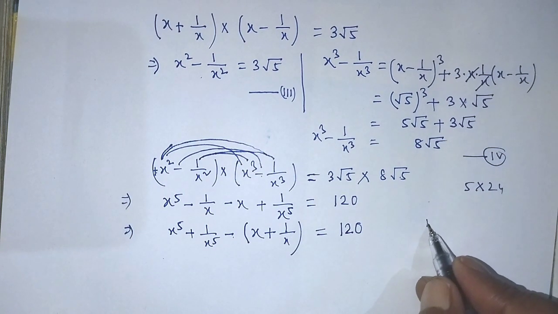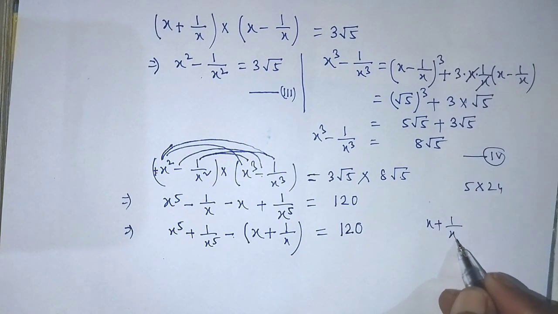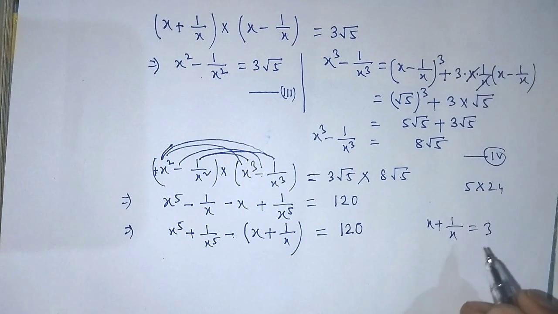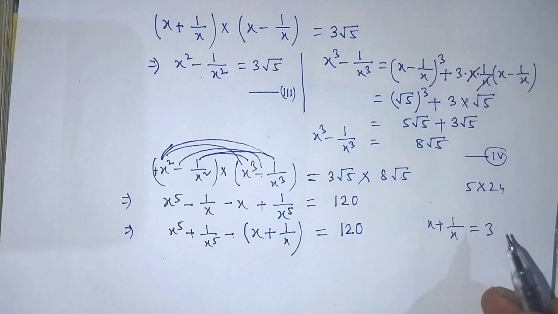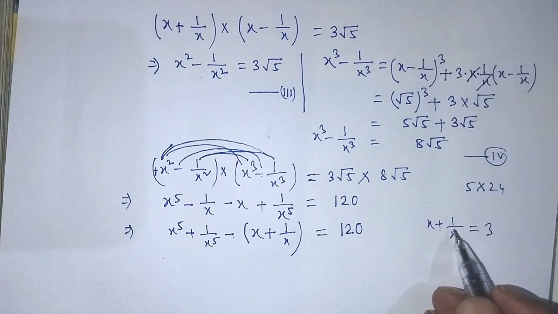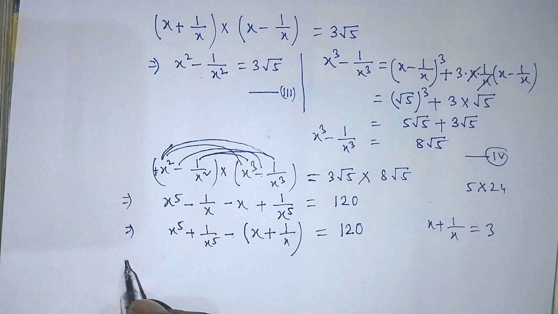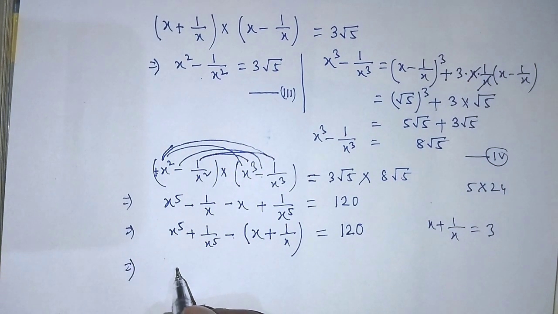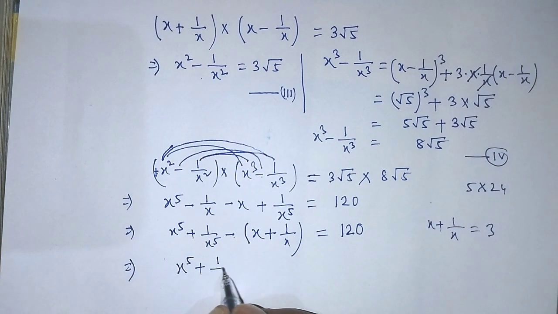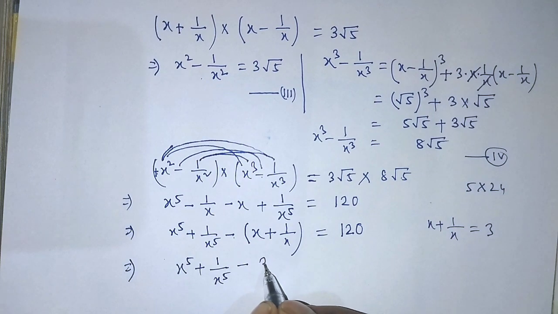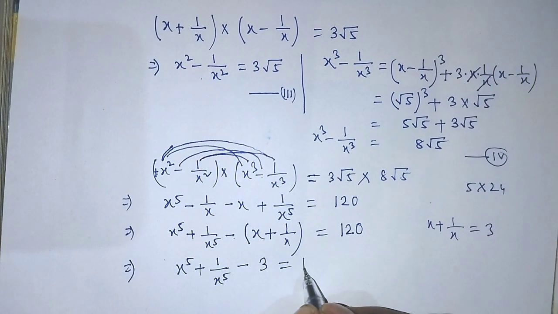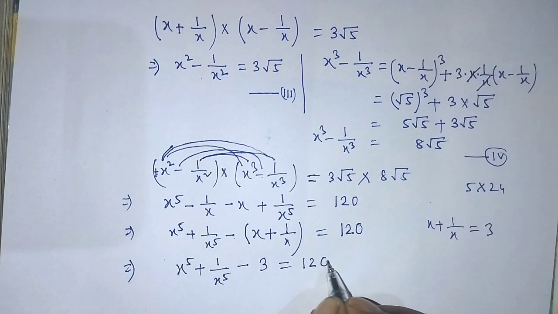The value of x plus 1 over x is 3. So now we can put the value of x plus 1 over x is equal to 3 in this algebraic expression. So now we can write in here x to the power 5 plus 1 over x to the power 5 minus 3 is equal to 120.